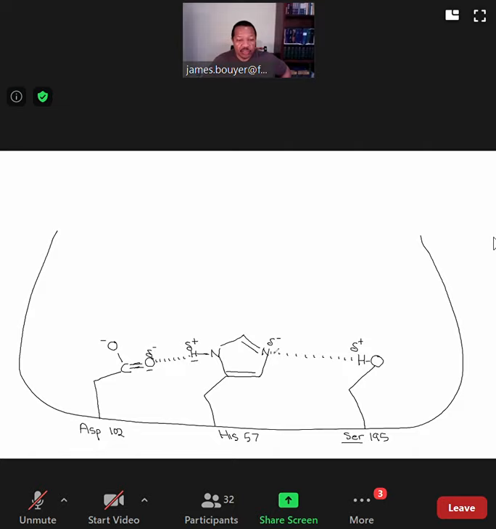And then the histidine-serine hydrogen bond is based on this nitrogen partial negative, this hydrogen partial positive. So that's the explanation of how electrostatic interactions stabilize the catalytic triad that makes up the active site, even before the substrate comes in.